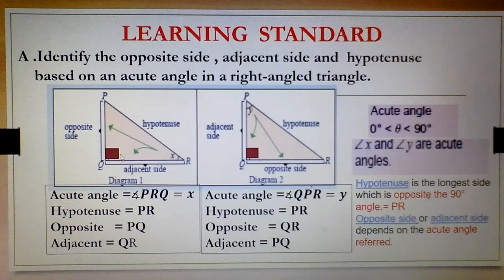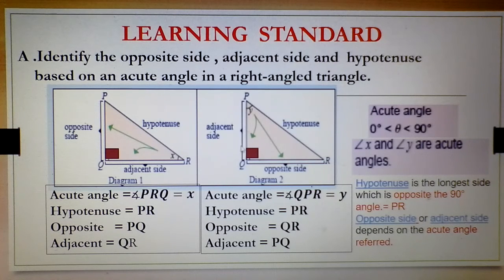You know this one is 90 degrees, so the side which is opposite to 90 degrees, we call it the hypotenuse. And then for the angle X, the one that is opposite to angle X, we call it the opposite side. And the other one, of course, is the adjacent side. So from here, we get the hypotenuse is PR for X, the opposite is PQ, and the adjacent is QR.